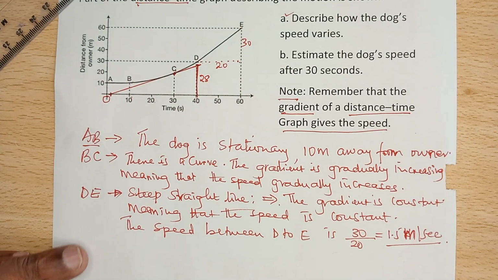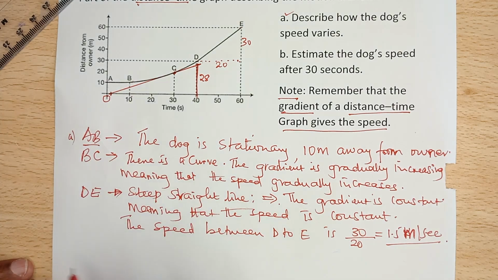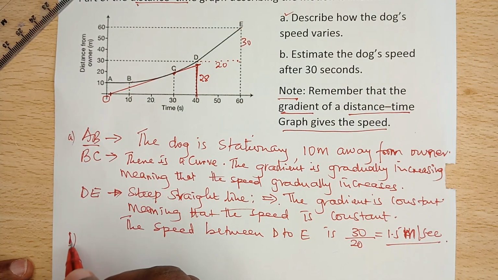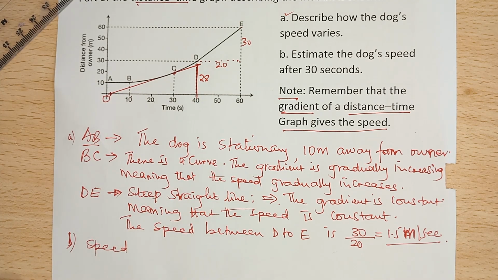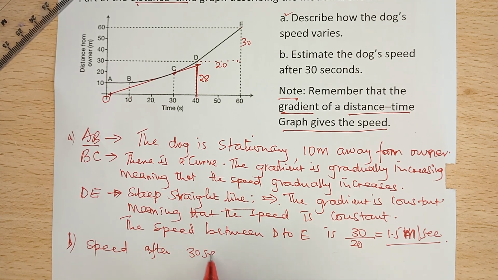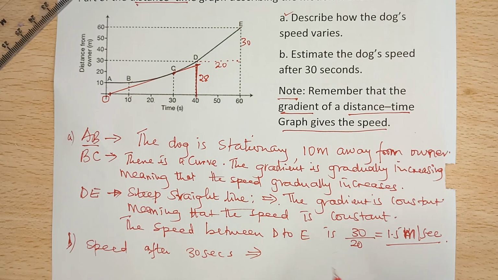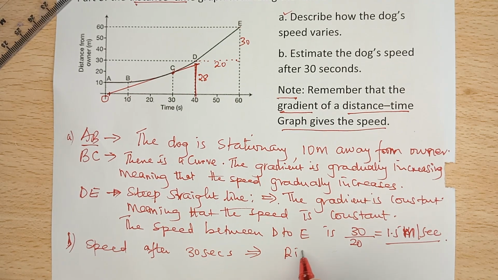This is part B of the question. The speed after 30 seconds is given by the rise over the run.